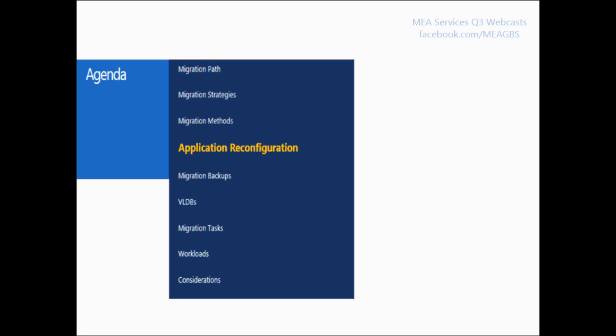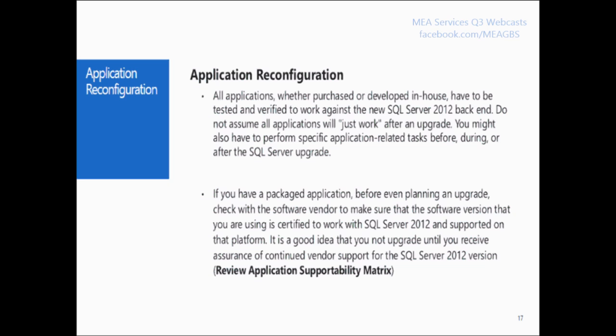Our fourth perspective is the application reconfiguration. We need to look at the application reconfiguration from two angles. The first angle is that you need to consider not only the database that you're trying to migrate, you need to have a look at the application that's running on that database. Because one way or another, you need to verify that the application supports your migration path.